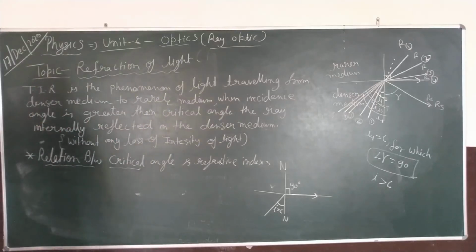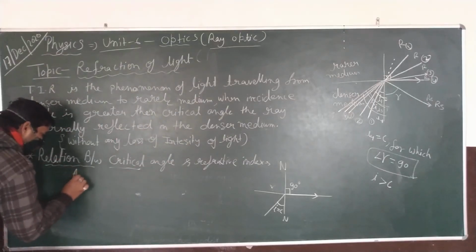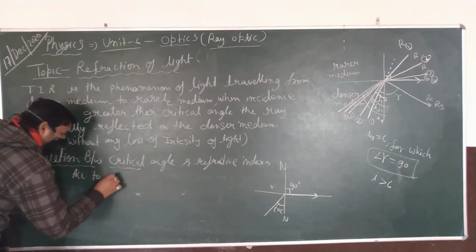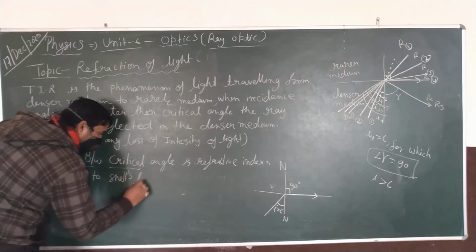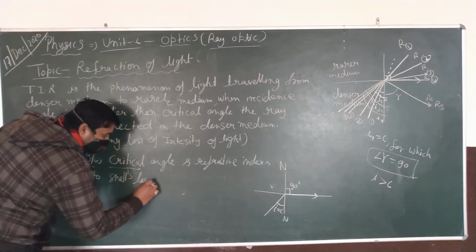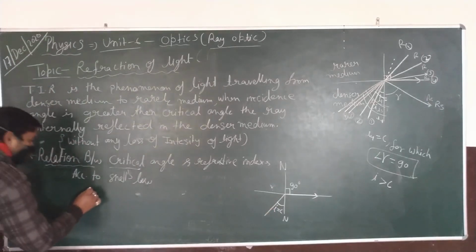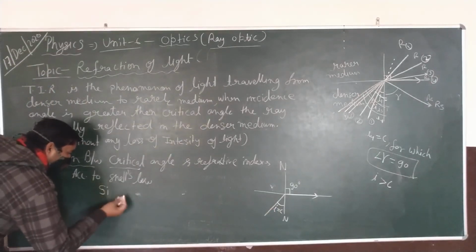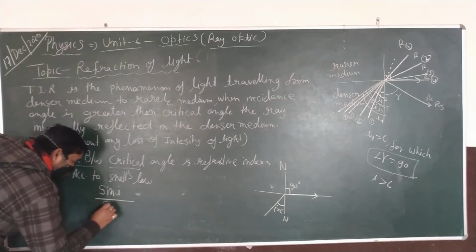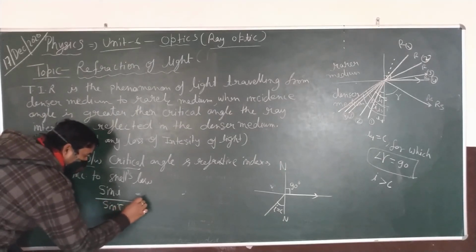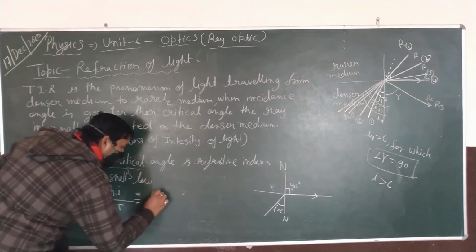Clear? Therefore, according to Snell's law, the ratio of sine of angle of incidence to sine of angle of refraction is equal to the refractive index of the denser medium to the rarer medium.